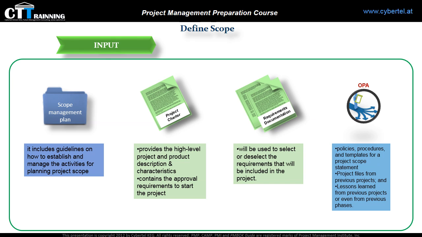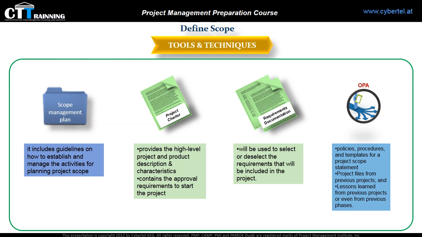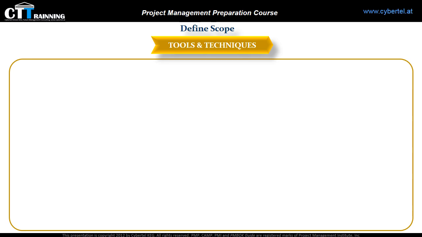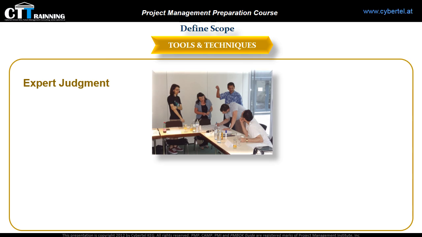Now let's see which tools and techniques we may use to define the scope. The first one is expert judgment. Here we are analyzing the information needed to develop the project scope statement, the information we get from the project charter and the requirements documentation about the project and the product.